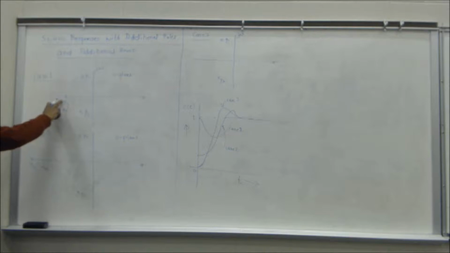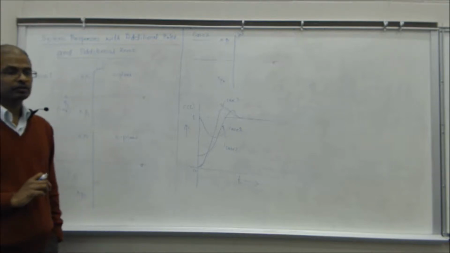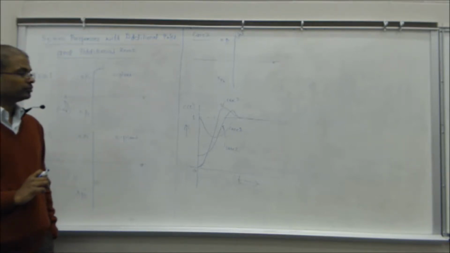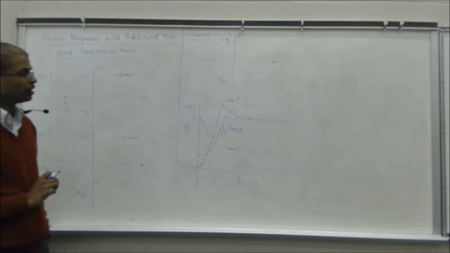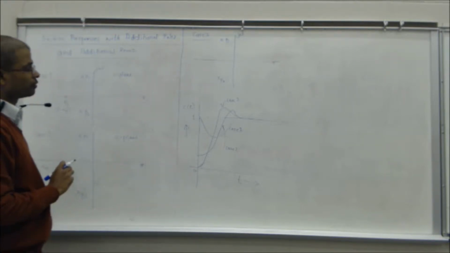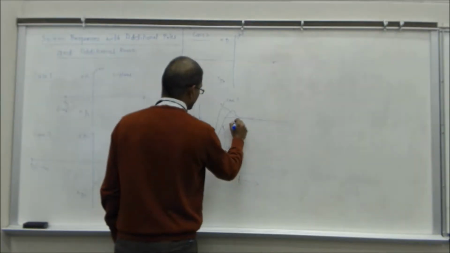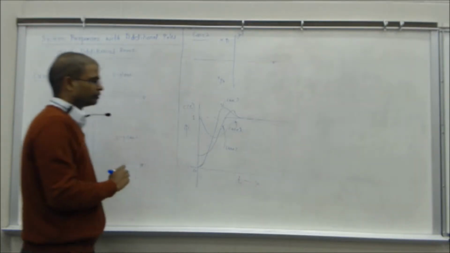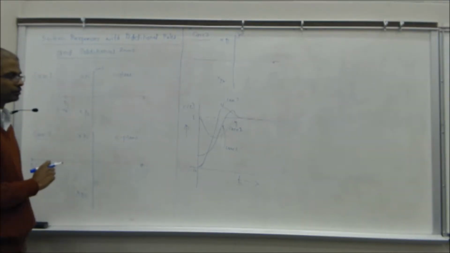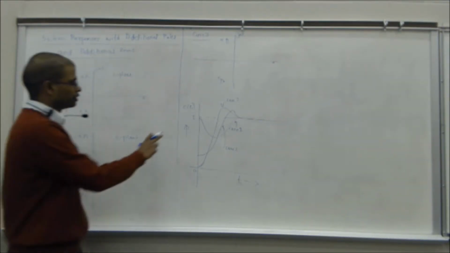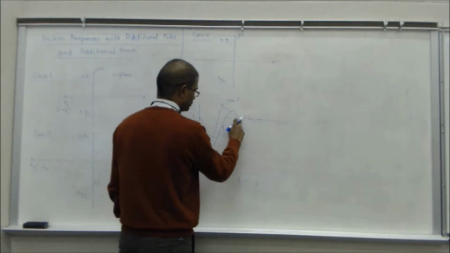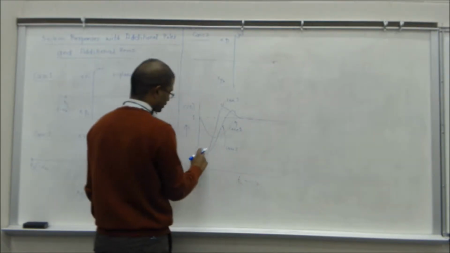This is the non-dominant pole. So when you move the non-dominant pole, it doesn't have a significant effect. So look at the difference between case 1 and case 2. Case 1 and case 2 are pretty different. The response is pretty different. So this is case 1, right? And this is case 2.